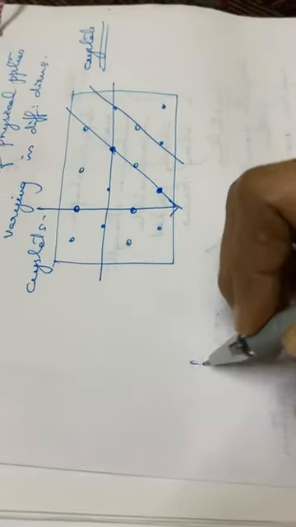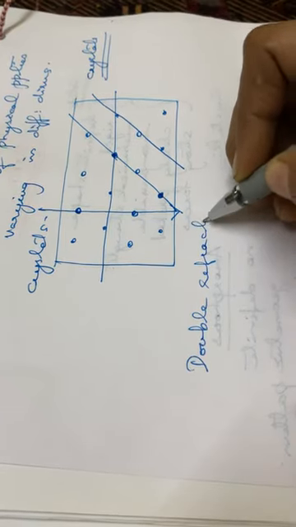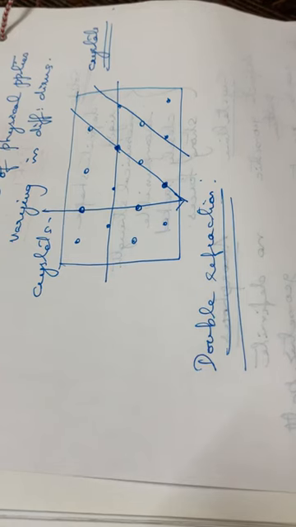Then the next one we can go through. One term is also there, that is double refraction. You have to study this isotropy as well as anisotropy.